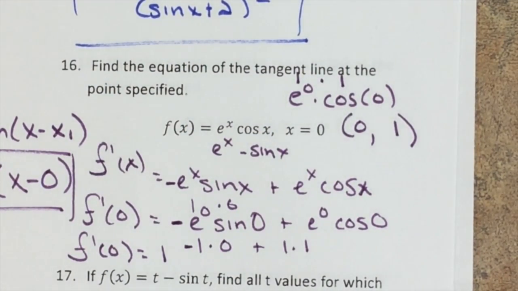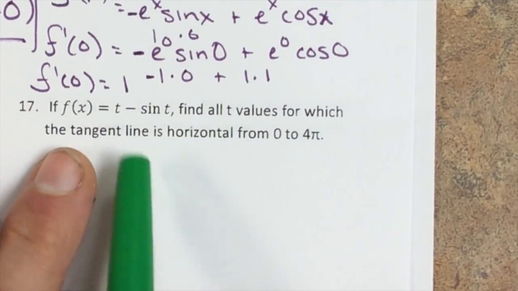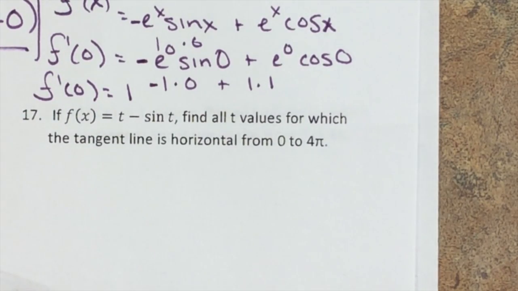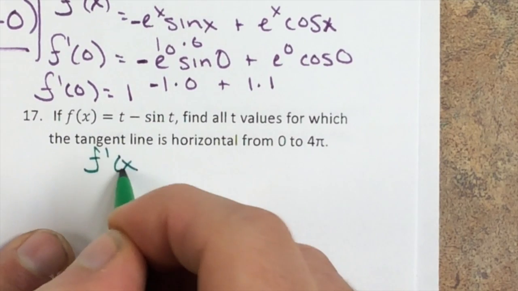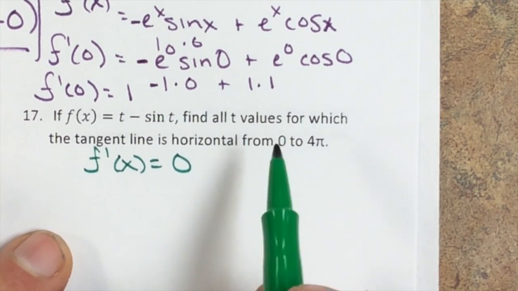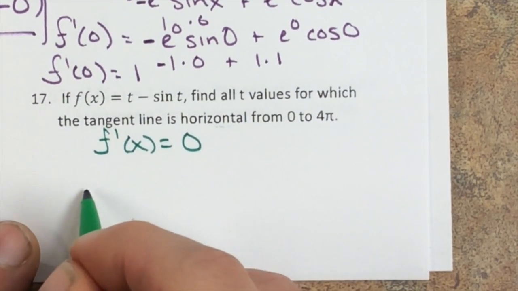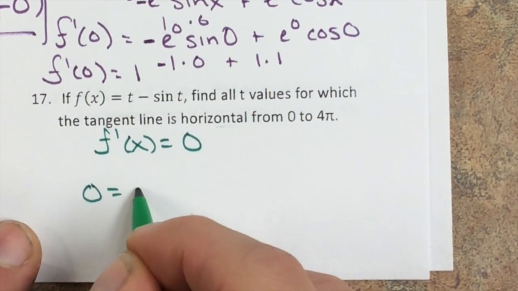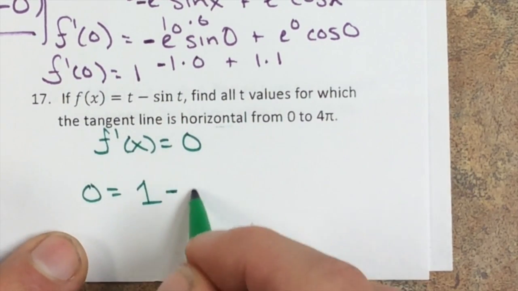Last bit. Given this function, find all the values for which the tangent line is horizontal. So I want to know where f prime of x equals 0. That's what we get from horizontal. So what's our derivative? I have 0 equals 1 minus, derivative of sine is cosine.